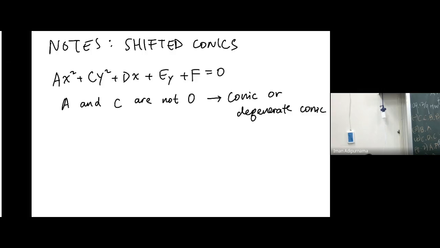If you expand and then simplify the form, when A and C are not zero, of course, you will get a conic, or sometimes you will get what is called a degenerate conic. What it means is it's almost a conic, but it's not a conic. When you try to simplify, you cannot tell whether it is an ellipse, hyperbola, or parabola.